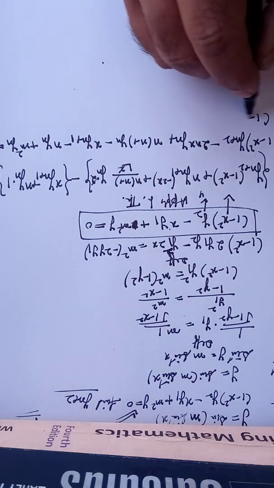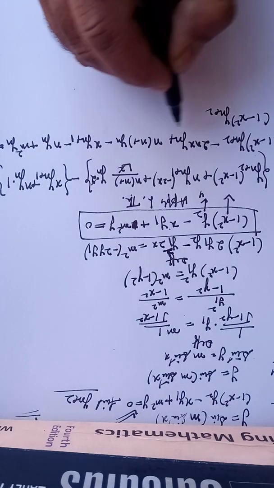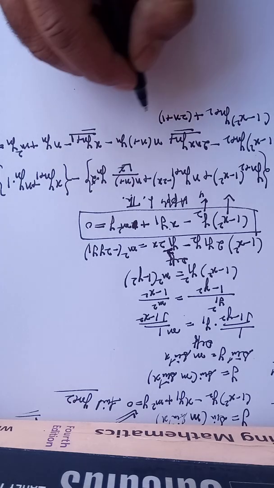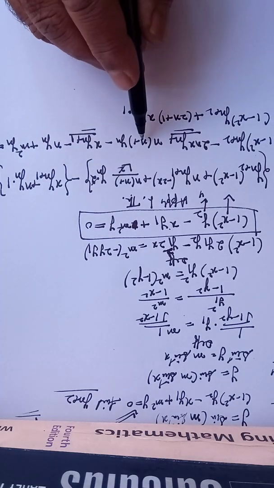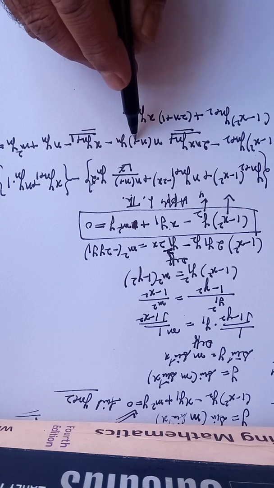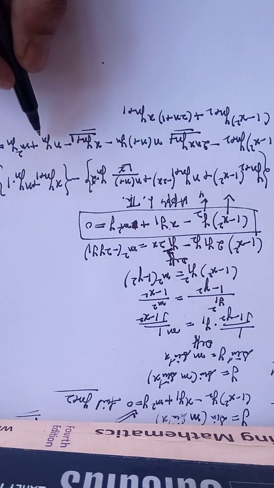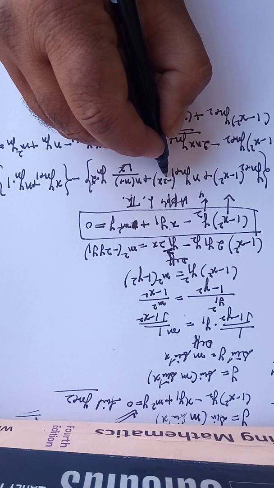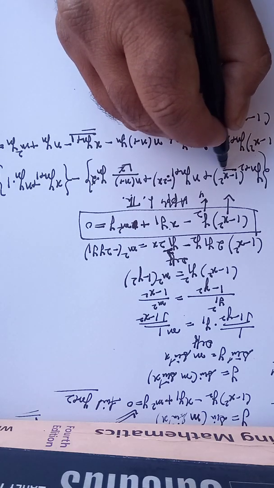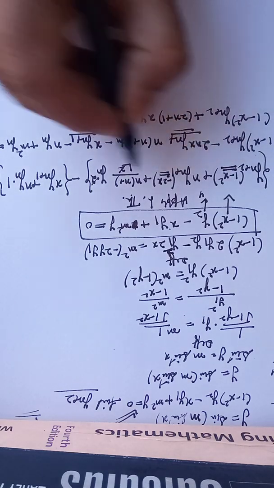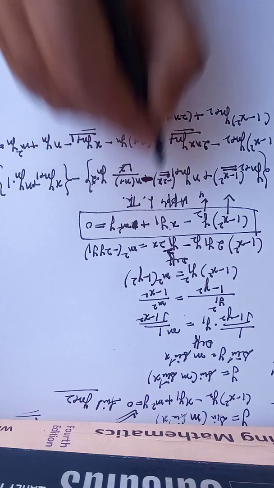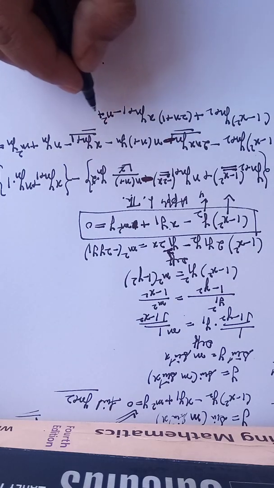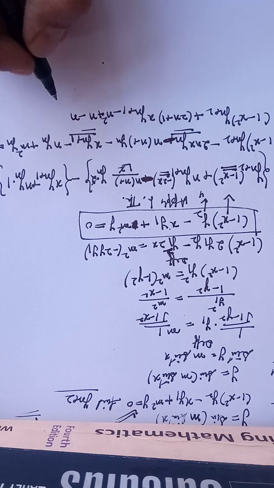Now let me add up the things. 1 minus x square yn plus 2, yn plus 1 over here, yn plus 1 over here, same as was in the previous question, 2n plus 1 x yn plus 1. Then you have n square minus n yn. This is minus yn. Is it okay here? Derivative, first derivative is 1 minus x square is okay, then derivative is minus 2x, then another derivative is minus 2, so minus will be over here, so it is minus n square plus n minus n yn.